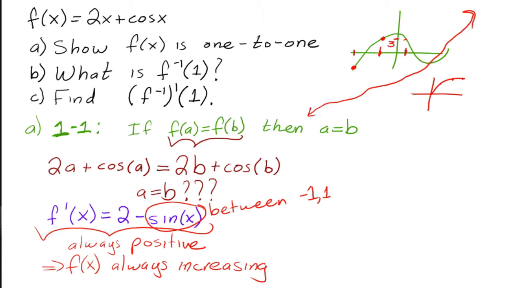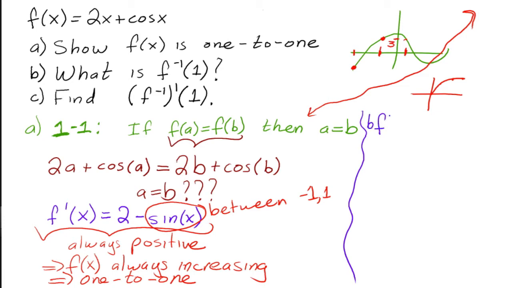Because it would look something like that. So this implies that it has to be 1-to-1. So that was a little unconventional way to show that it's 1-to-1. That was good. Now let's do this guy.